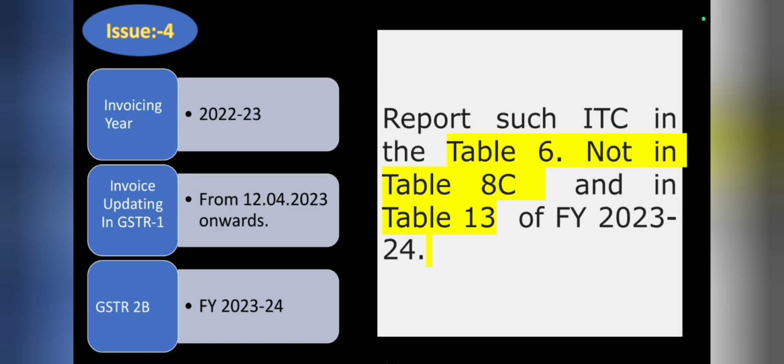If our ITC is available in 23-24, but we have taken this ITC up to October 24, then we will put all these values in table 8C and table 13. But in this case, these invoices pertain to the previous year. So we just put this value in table 6 only.